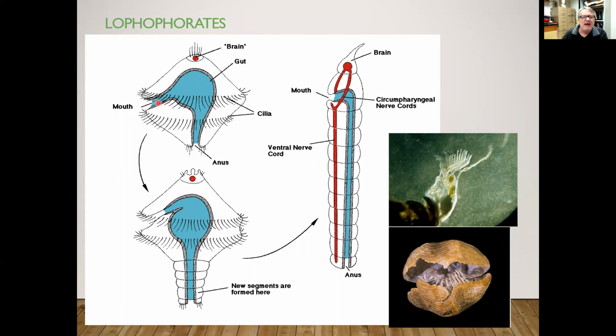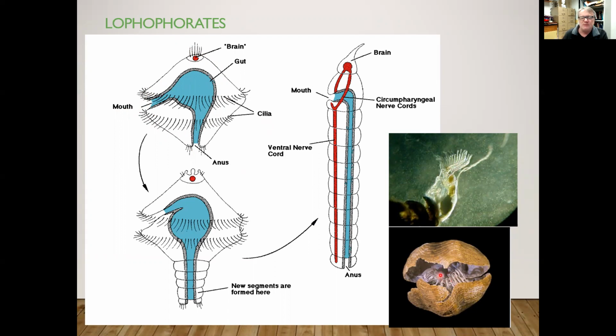And so we have a brain, so we have a sensory system and a motor control system that can regulate this. And then the mouth, so food comes in through the mouth, and then this is a U-shaped digestive tract, and here are some pictures of these organisms over here on the right.